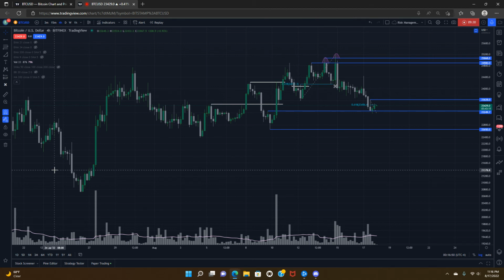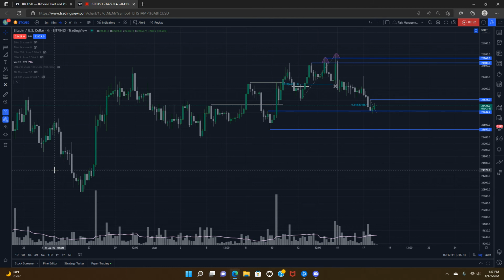The only difference is the magnitude of time that it takes for each individual behavior to play out. Like if you're looking at a weekly chart, that's going to take a significantly longer amount of time to play out than a 15-minute, right? That 15-minute swing is going to play out extremely quickly relative to a weekly.